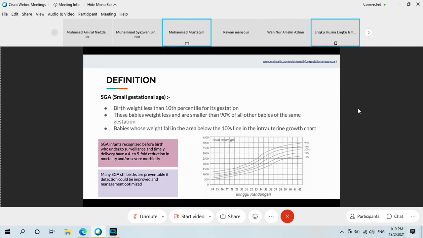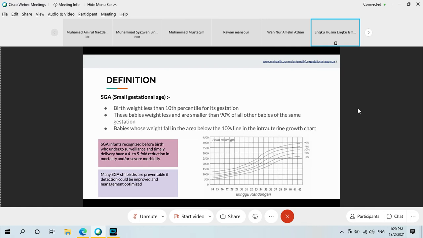But if let's say yang you plot tu is actually plateauing or your serial plot tu is actually crossing centile. Let's say your first visit at 28 weeks tu baby at 50th centile kan dia punya AC, but subsequent scan drop to 25, subsequent scan drop at 10. So it's FGR.